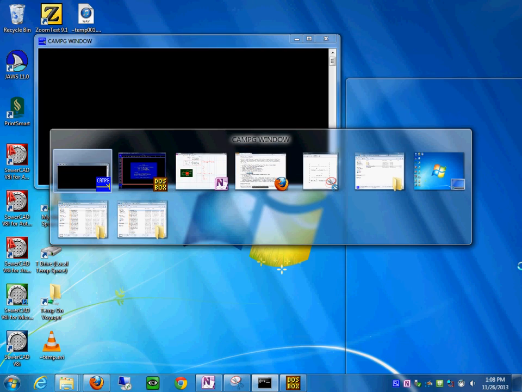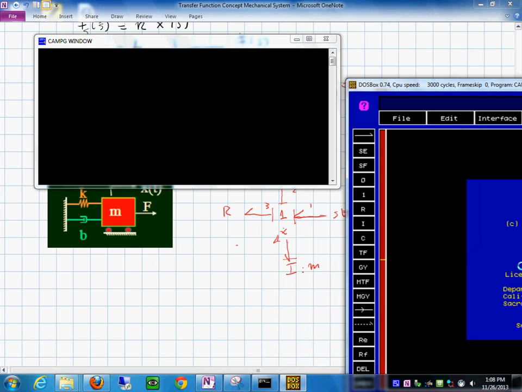It's just that I am not able to see the mouse right now. We lost the control of the computer.